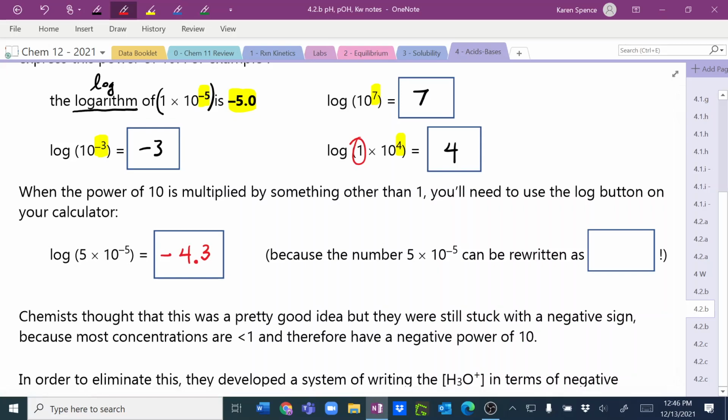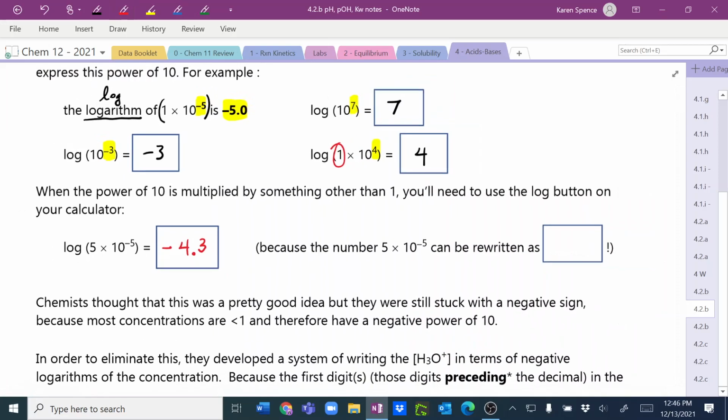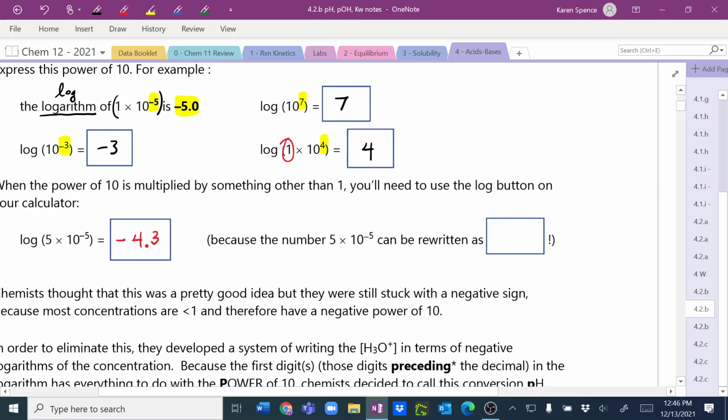Okay. And this is actually because you could, in theory, rewrite the number 5 times 10 to the negative 5 as 1 times 10 to the negative 4.3. I didn't make that box big enough, but anyway. That's weird, yes, but that's what it means.